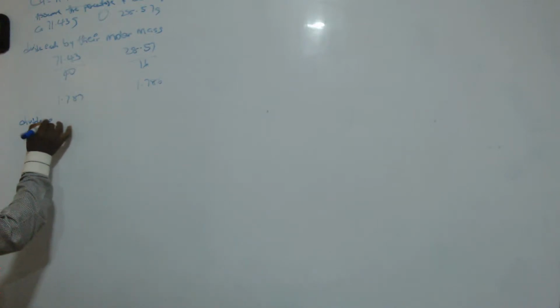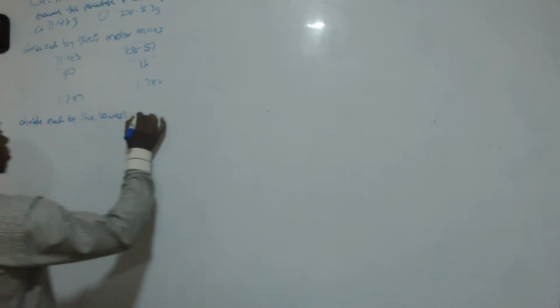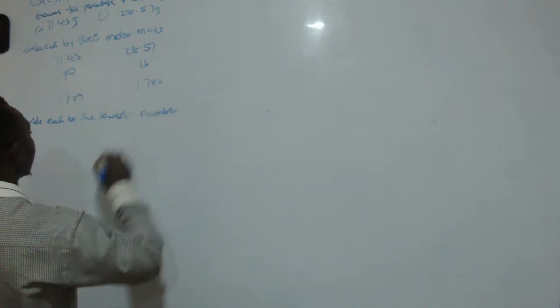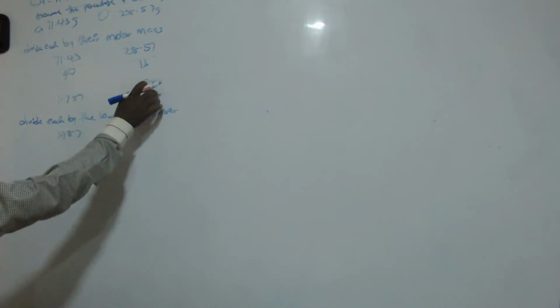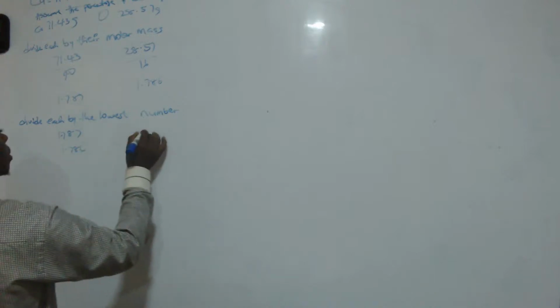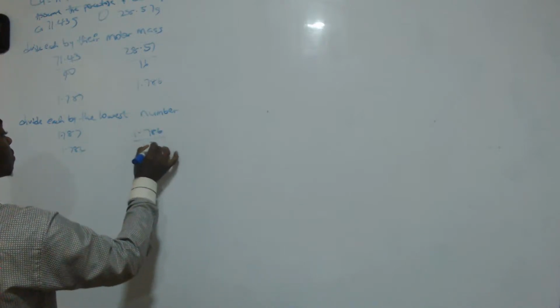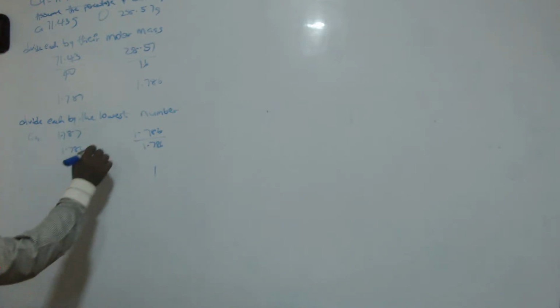Divide each by the lowest number. Here 1.786 and 1.787 are approximately the same, so this is 1 and this is also 1. So you discover that your calcium is 1 and your oxygen is 1.